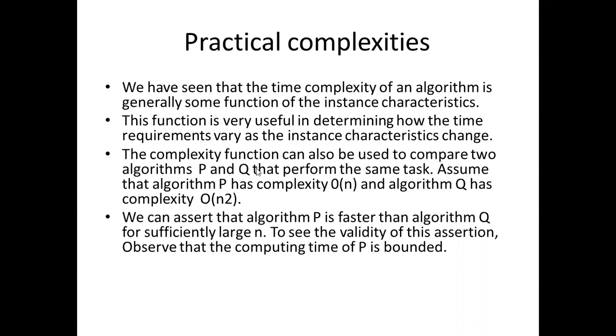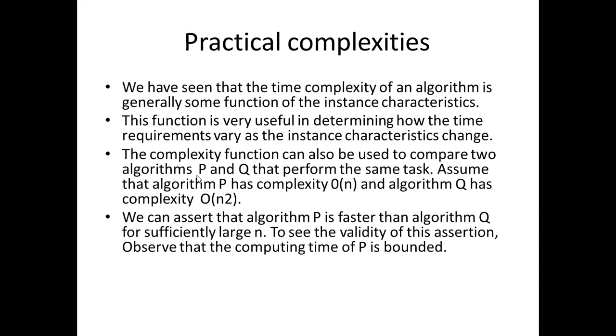The complexity of function can also be used to compare two algorithms. That is, we have P and Q are the two algorithms we are considering. P and Q are the two algorithms that perform the same task.